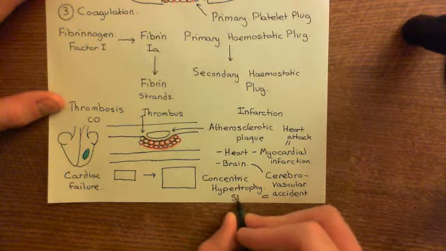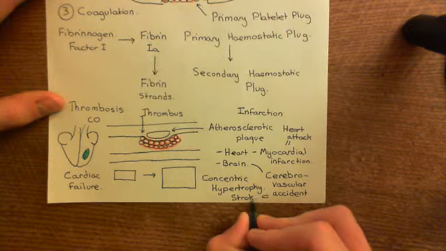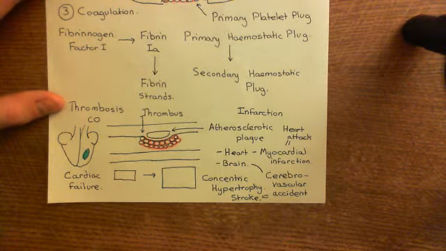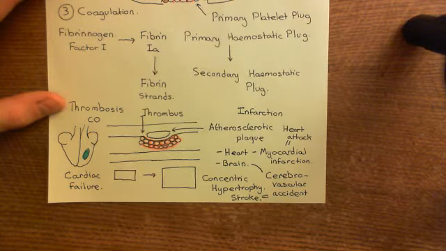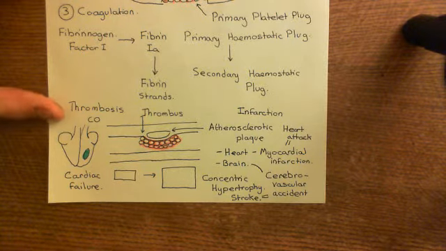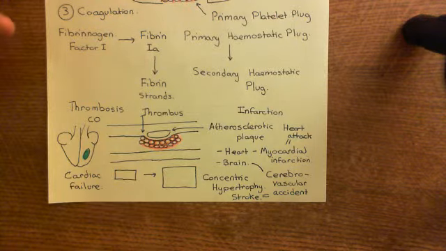So these lead to portions of the brain dying, and when portions of the brain die, that leads to motor deficits on occasion. It depends which bit of the brain obviously dies, but it can lead to motor deficits, sensory deficits, loss of memory, cognitive deficits, all sorts of problems.